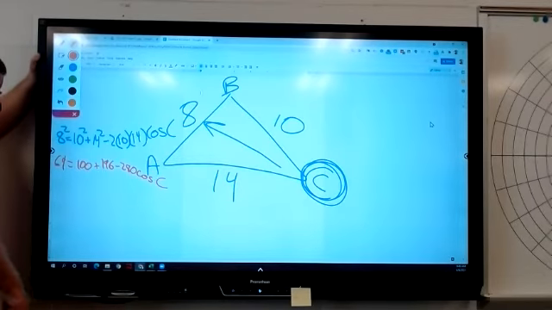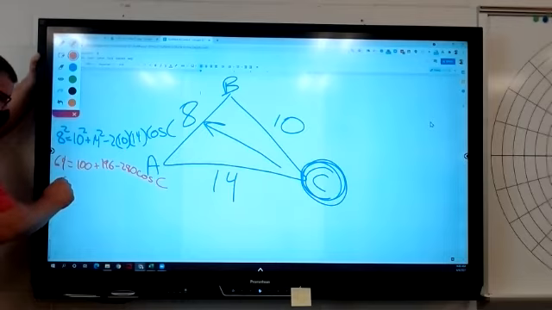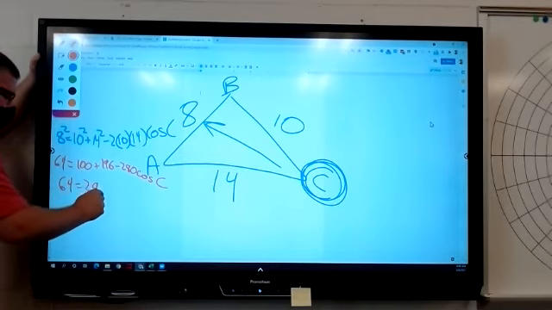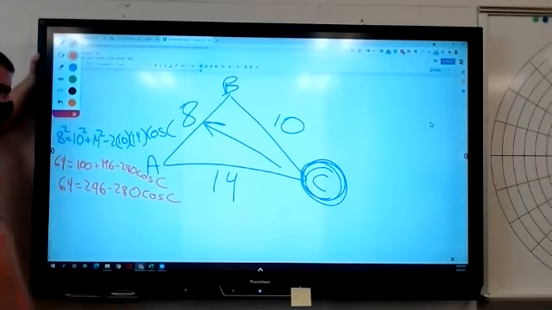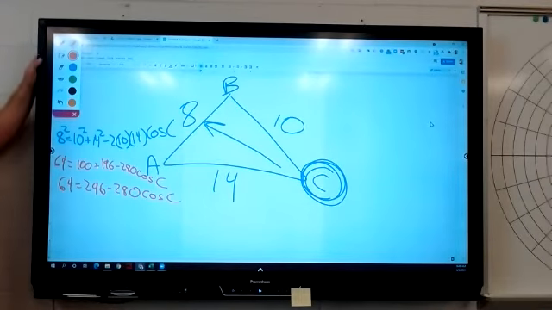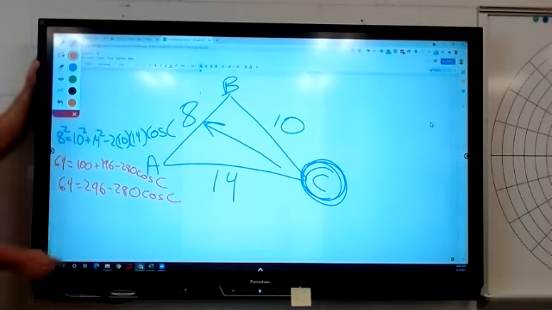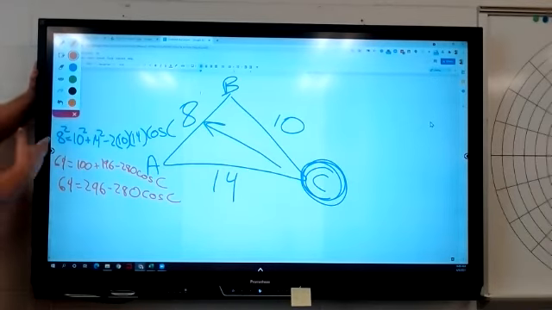Add 296. Okay, 64 equals 296 minus 280 cosine C. What now? I'll subtract 280. Do not subtract. Why do not subtract? It's attached to the cosine. So what am I going to do?